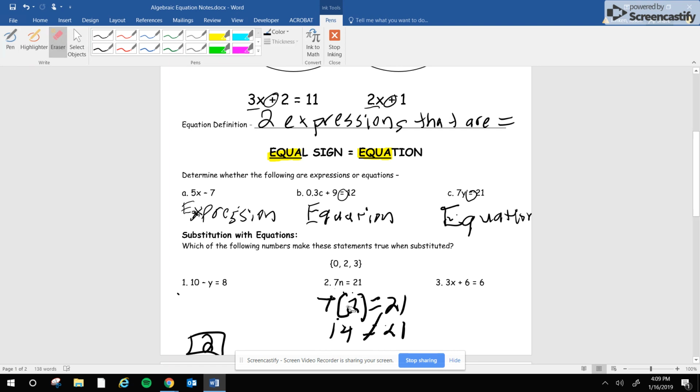So we're going to do the last one. I'm going to substitute 3 in for the variable. So once again, I'm going to take 7 times 3, and it has to equal 21. 7 times 3 is 21, and 21 does equal 21, so it does work. So your answer here would be 3.